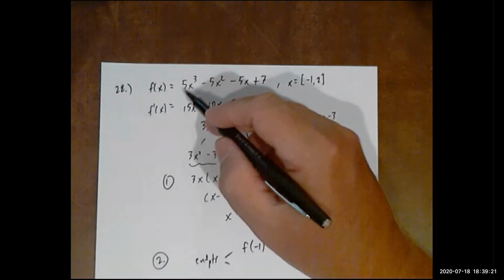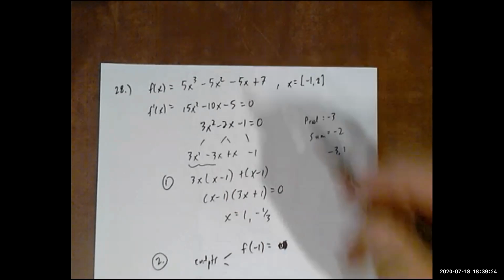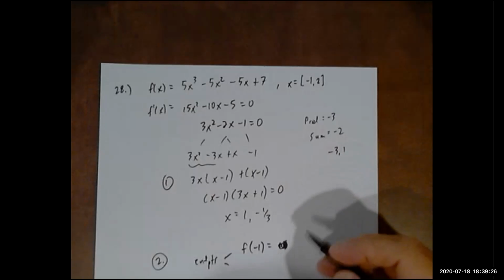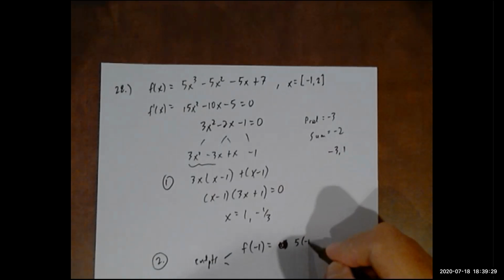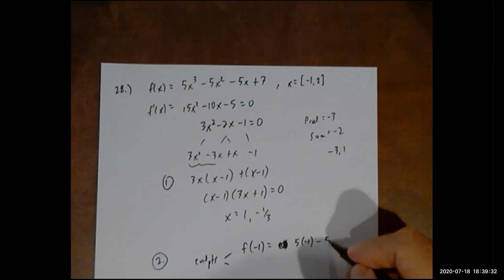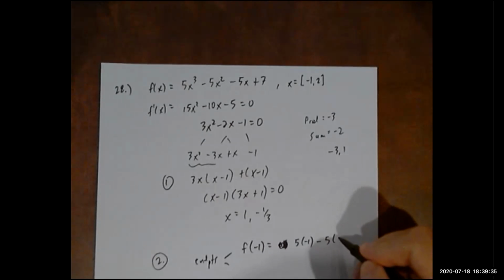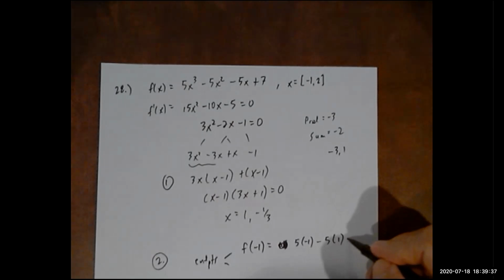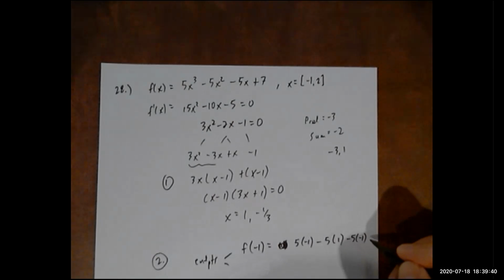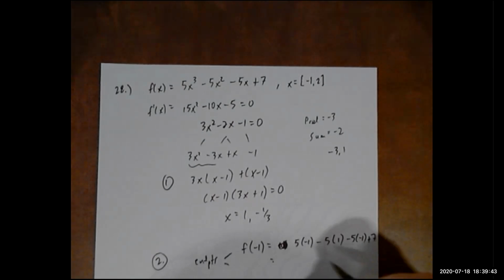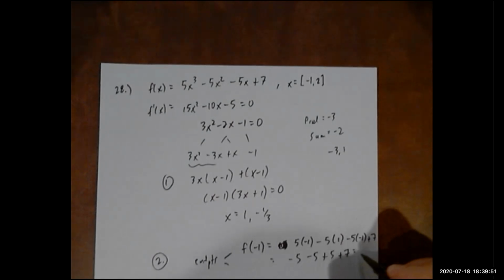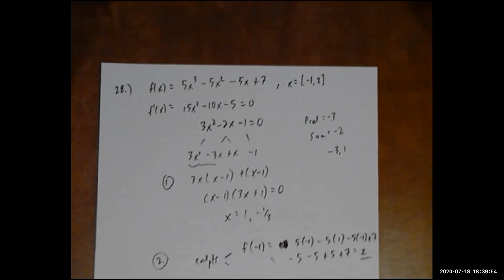You have to go back and compare the actual function. 5 times -1 cubed is -5, minus 5 times -1 squared is just 5, minus 5 times -1 is plus 5, plus 7. -5 minus 5 plus 5 plus 7 looks like 2. f of -1 is 2. And once again, if I wanted to, I could look at my graph and confirm it.